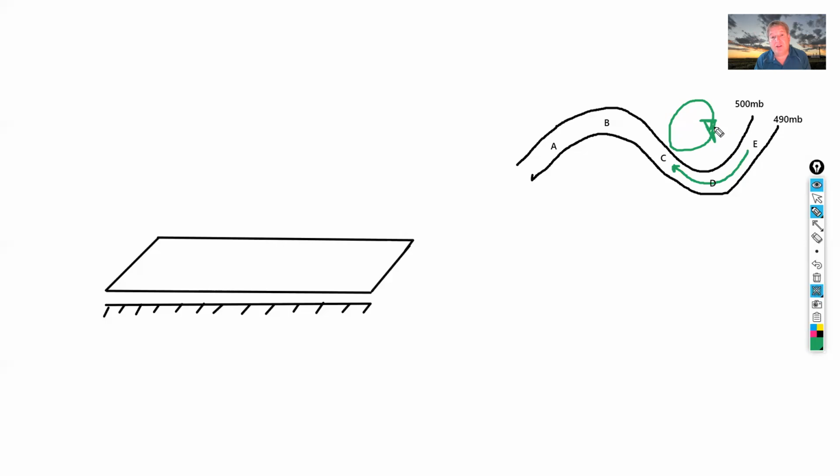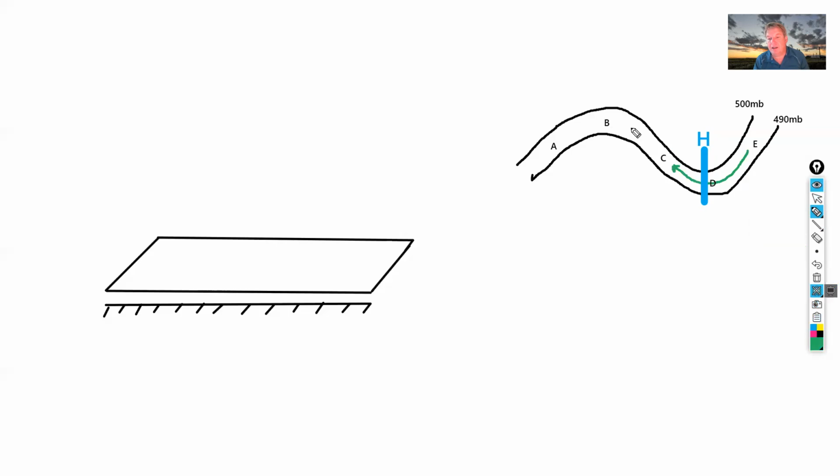And clockwise in the northern hemisphere is anticyclonic. So where is there an area of high pressure? The area of high pressure is right over here. And therefore, this over here, this little axis here, letter D, that's the ridge. So what's over here at letter B? Same thing. The air is traveling. I'll go back to green for a second.